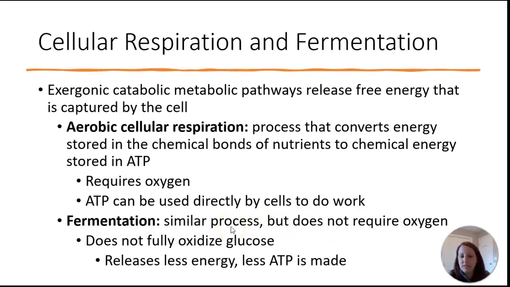In the process of fermentation, we say that the fuel source, which is glucose, is not completely oxidized, which means that not all of the energy is pulled out of glucose. So it's a pretty inefficient process. It releases much less energy, and so less ATP is made by fermentation. But again, organisms that can't use oxygen, or if oxygen is toxic to them, they don't have the pathway of cellular respiration, and so they're kind of forced to do fermentation.